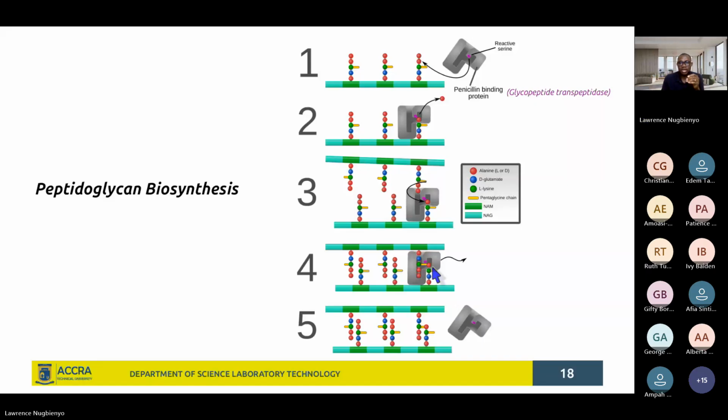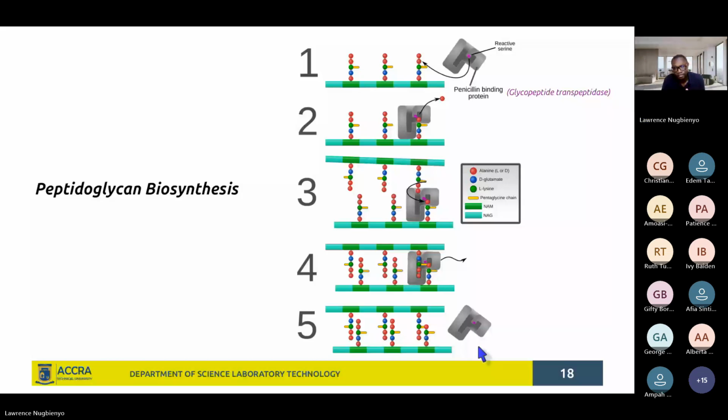All right. Now, of course, the last part, it means that the bond is formed, the enzyme dissociates and moves away. So, from top down, it's numbered 1, 2, 3, 4, 5 for you to see the steps by which the formation of the cross linkage between the peptides is formed.